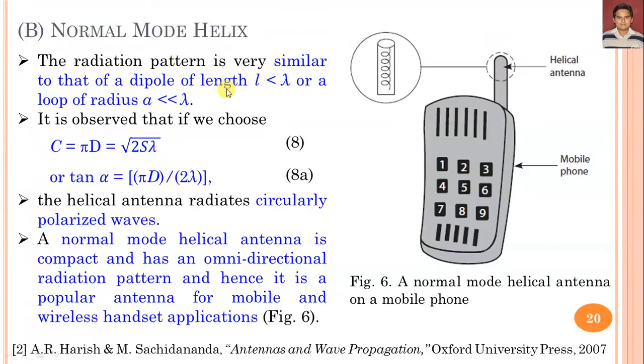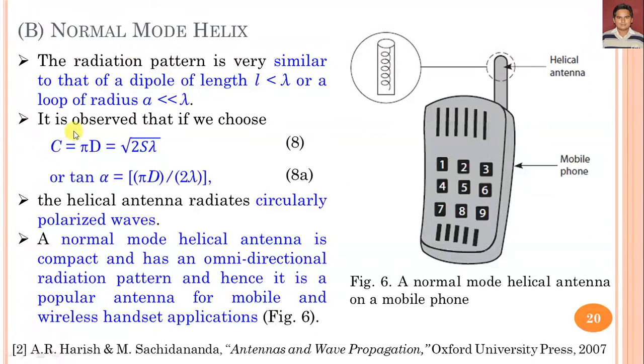So the radiation pattern is very similar to that of the dipole of length L less than lambda, or a loop of radius A less than lambda, as we have discussed in the wire antenna series about the radiation characteristics of a loop antenna as well as the dipole and monopole antennas.